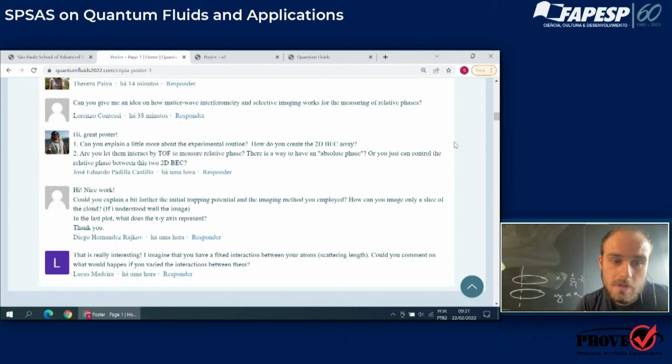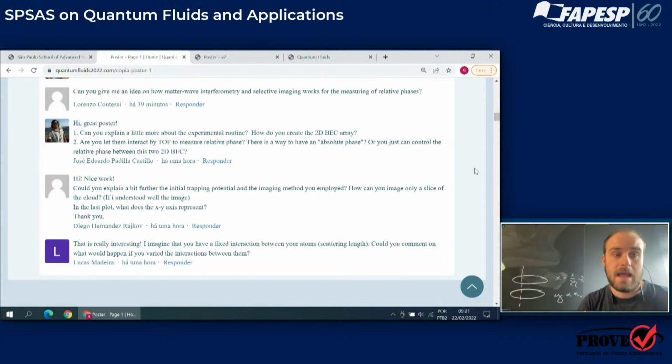And also about controlling the relative phase. Well, what I can say is that we are splitting from a single cloud to two clouds in such a way that initially at time equals 0 after splitting, there is a constant relative phase between the two clouds, if that's what you mean by controlling the phase. Otherwise, controlling relative phases between two condensates is, for example, important for precision measurements, such as gravimetry.